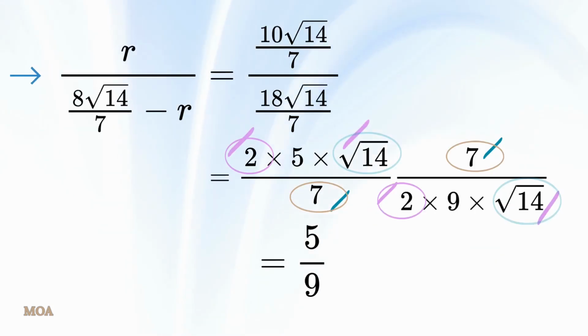After simplifying the numerator and denominator by 7 and by canceling 2 times the square root of 14 terms, the ratio reduces to 5 over 9.